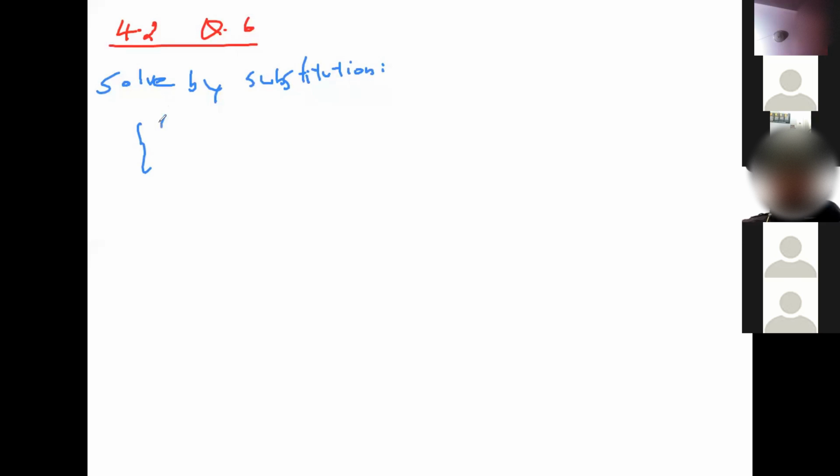Solve by substitution. And the system is x plus 3y, y equals negative 5x.